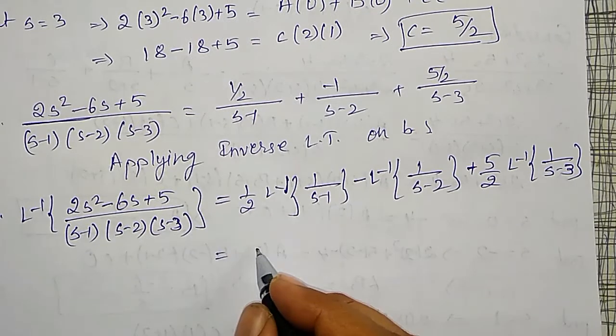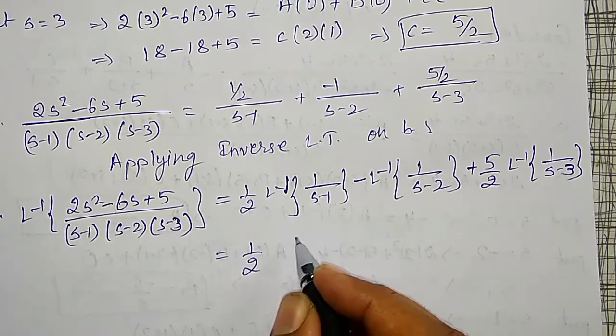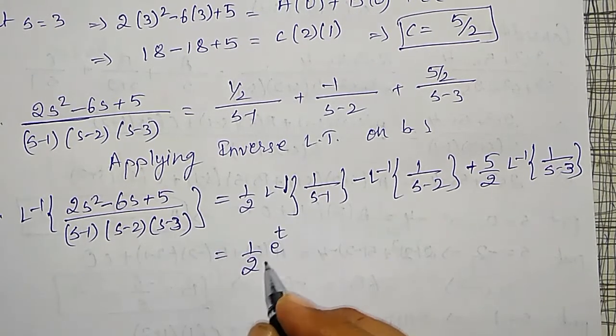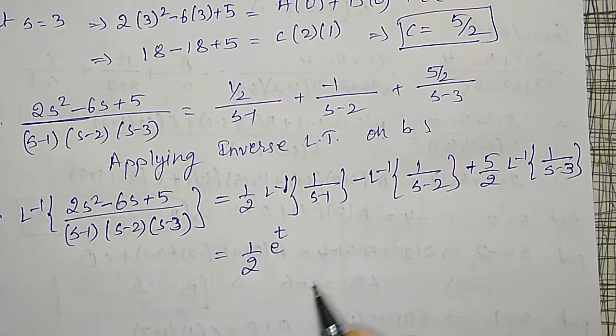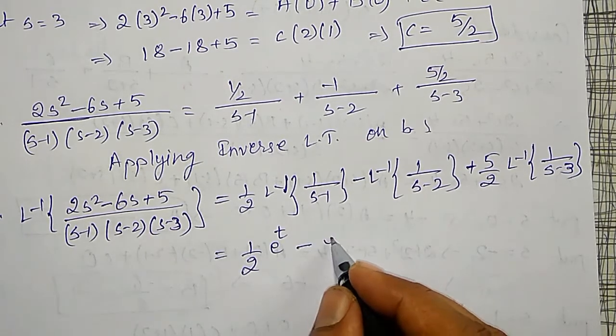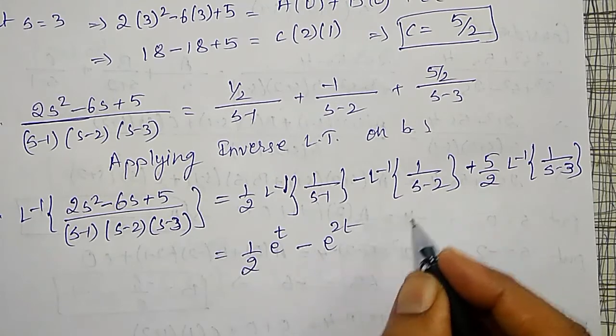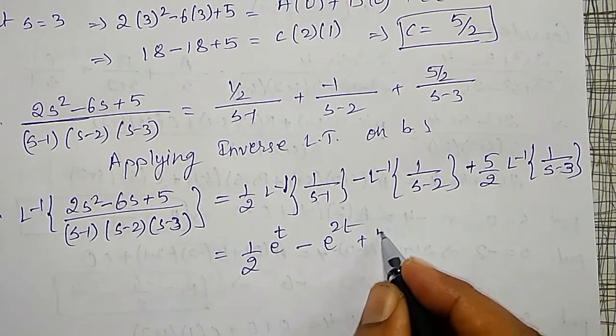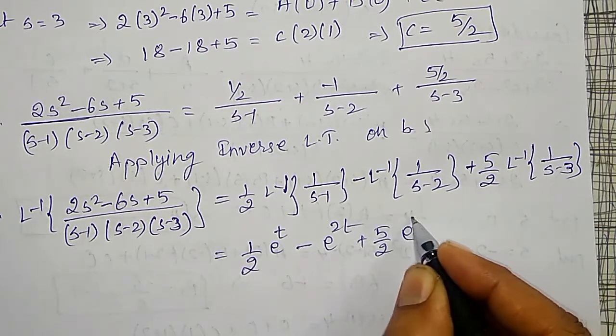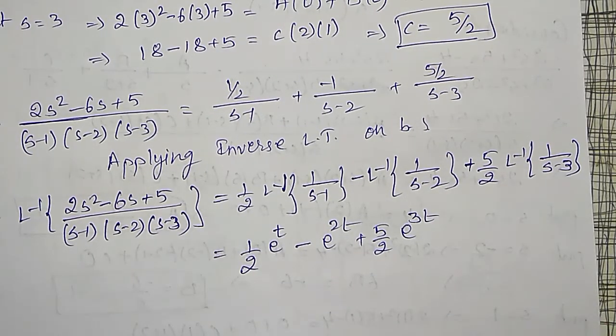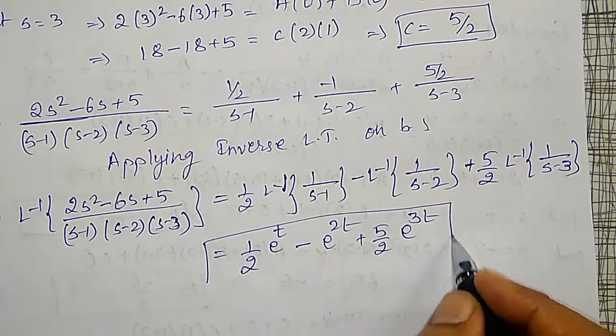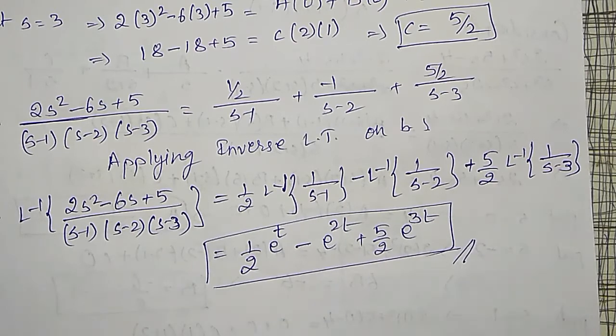This I can write as 1 by 2 into e to the power t, minus e to the power 2t, and 5 by 2 into e to the power 3t. This is the required answer.